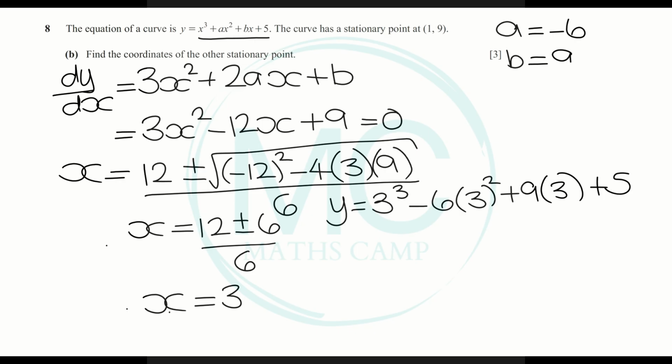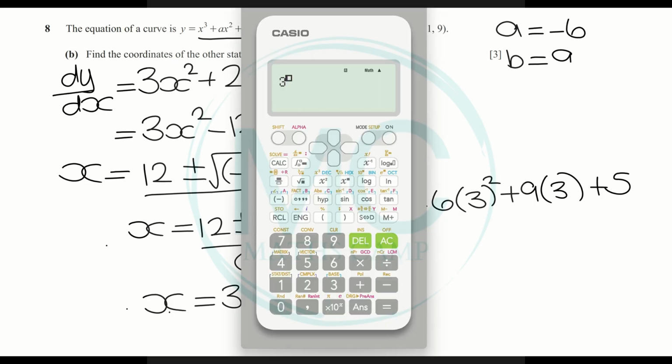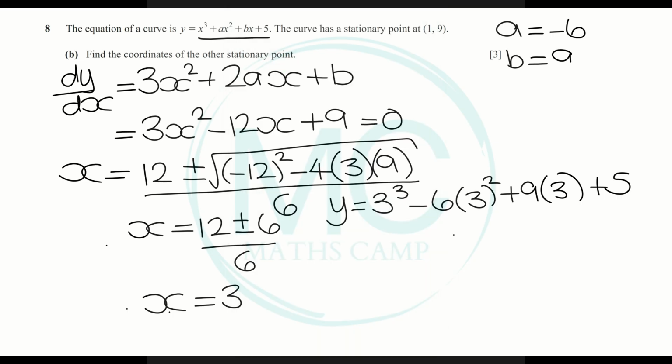Now I can put all of this into my calculator. So I can say 3 cubed minus 6 multiplied by 3 squared plus 9 multiplied by 3 plus 5 is equal to 5. So y is equal to 5. That means that the coordinates of the other stationary point are 3, 5.